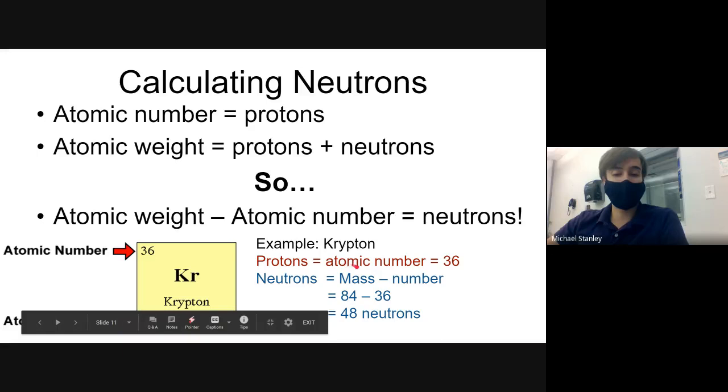In this case, we said the atomic weight was basically 84, minus the atomic number of 36. So when we do 84 minus 36, that will give us 48 neutrons.